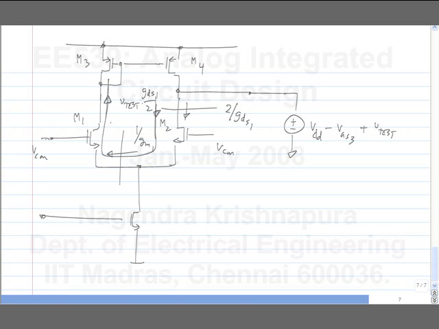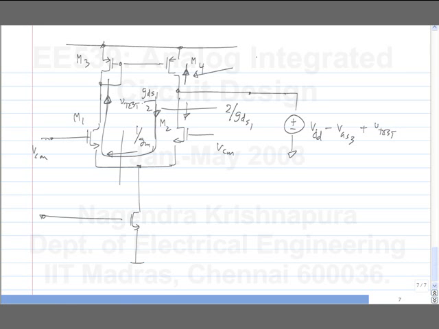So if it flows into M3, it will also flow into M4, right? Because it's a current mirror. It's a current mirror for large signals as well as for small signals. The mirror ratio is not exactly 1 because of output conductances, but we'll approximate it to 1 just to avoid complicating the algebra.